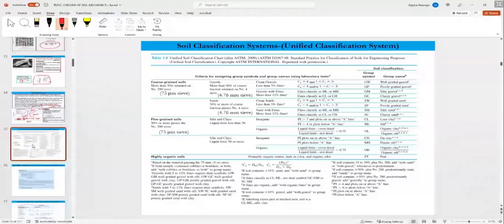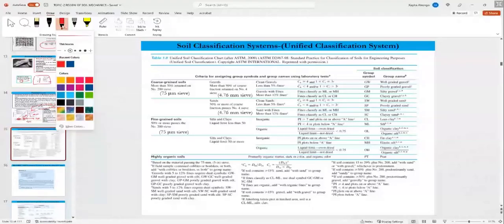So that's the starting point. We'll plot the particle size distribution and also do the Atterberg limit tests.